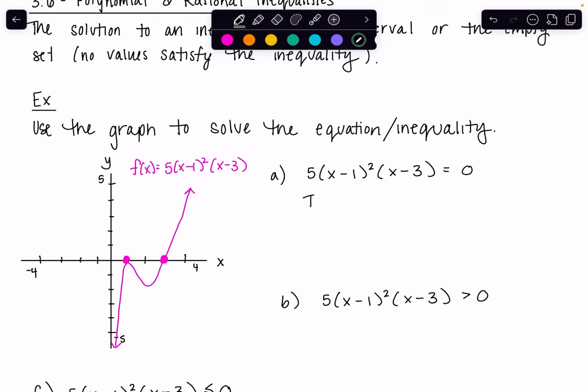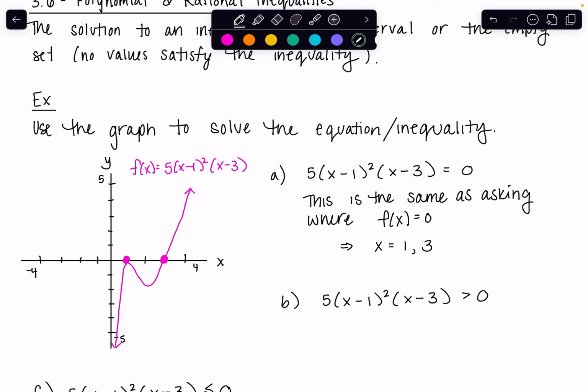This is the same as asking where f of x is equal to 0. In this case, there are two x values that it occurs for, positive 1 and positive 3.